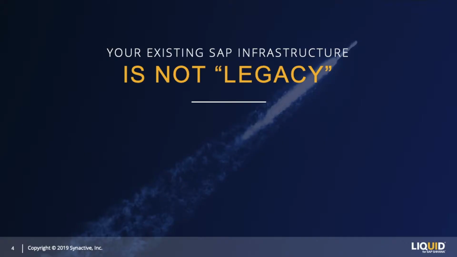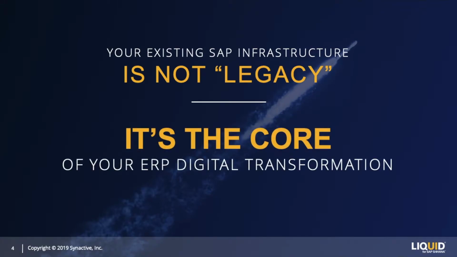So this is all to say that as you approach your digital transformation, don't consider your existing SAP infrastructure as legacy technology. The reality is that your existing SAP infrastructure, your SAP GUI, is actually the core of your ERP digital transformation.